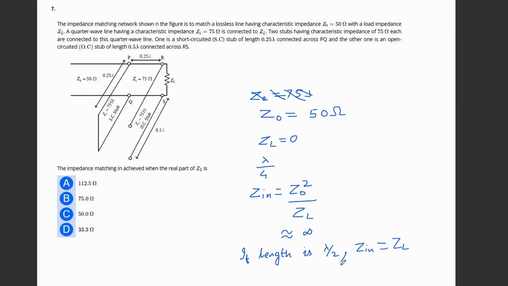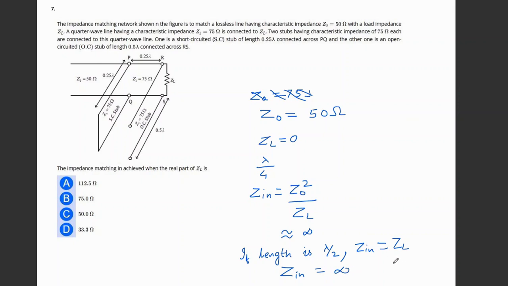So for an open circuit stub of length lambda by 2, the input impedance is again infinity. So it is also an open, so we can ignore it. So both the stubs we can ignore.